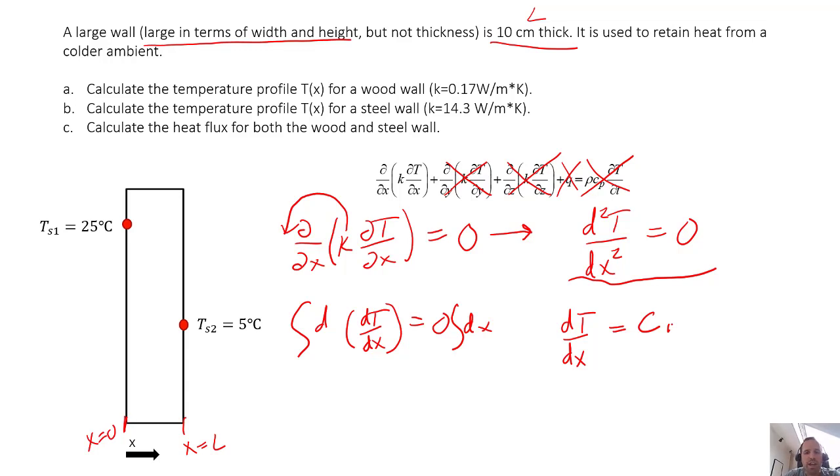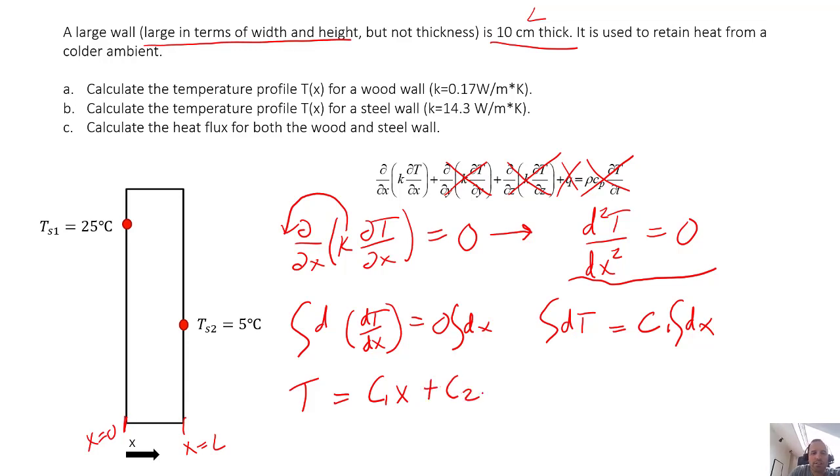All right, so now we're going to integrate again. So we're going to separate first, multiply both sides through by dx, and then we will integrate. So the integral of dT is just T. The integral of dx is going to be x. So we get T equals C1 times x, and then we're going to pick up another constant of integration here.